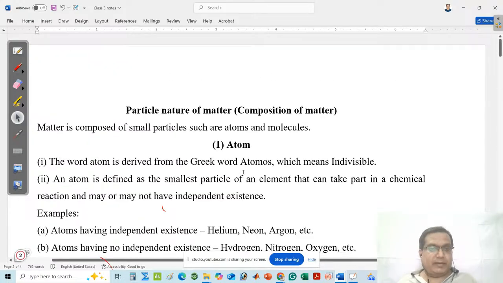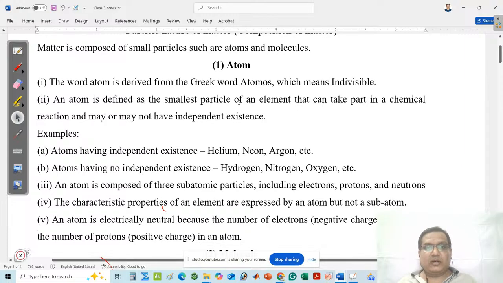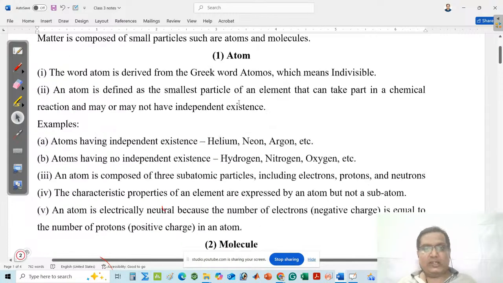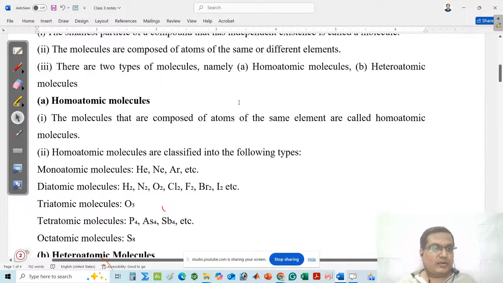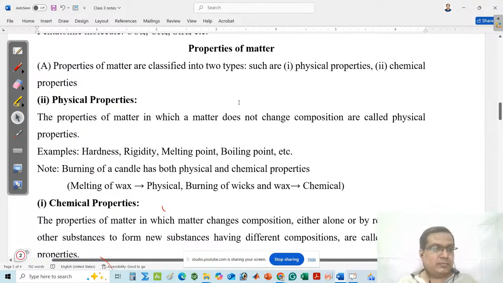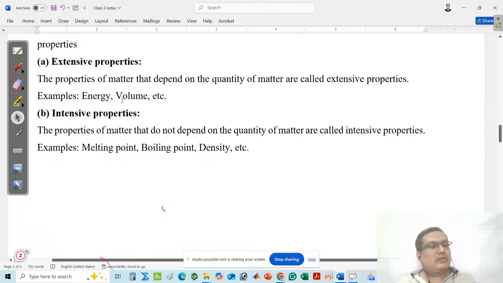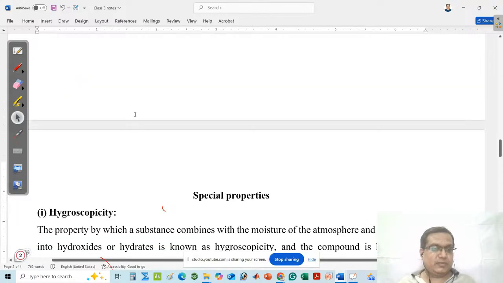Again, I will recap. Composition of matter: here you can see atoms, molecules, homoatomic molecules, heteroatomic molecules. The general classification of properties of matter is physical property and chemical property. You can classify again into two types: extensive property and intensive property.